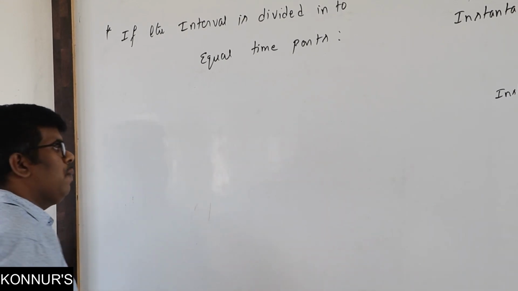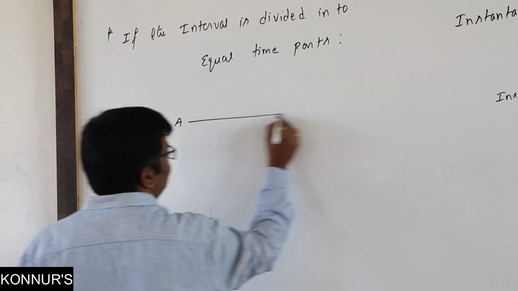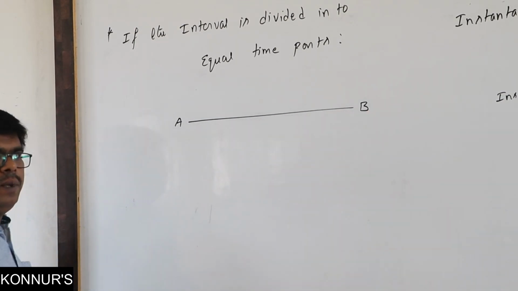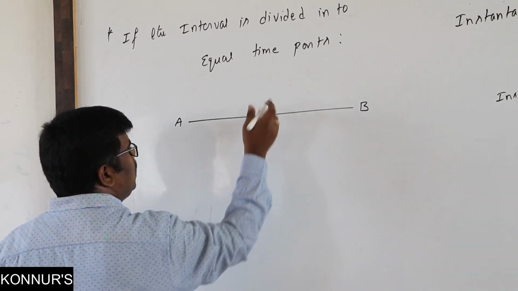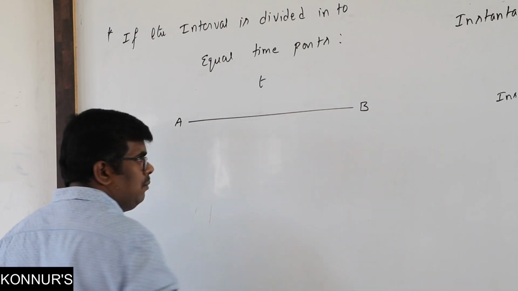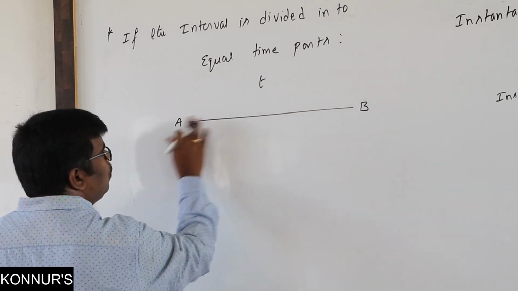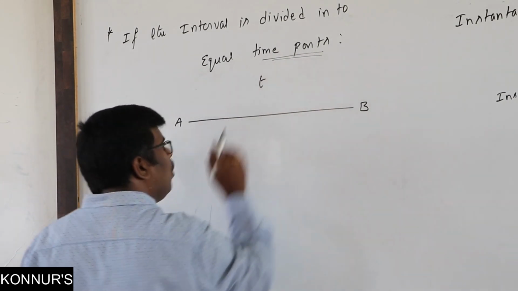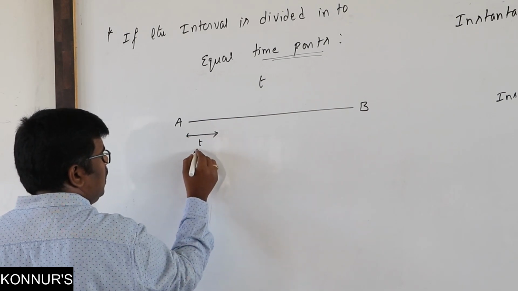Let us take a body traveling from A to B, and let the total time taken to travel from A to B be t. If the time interval is divided into n parts, each is t by n.